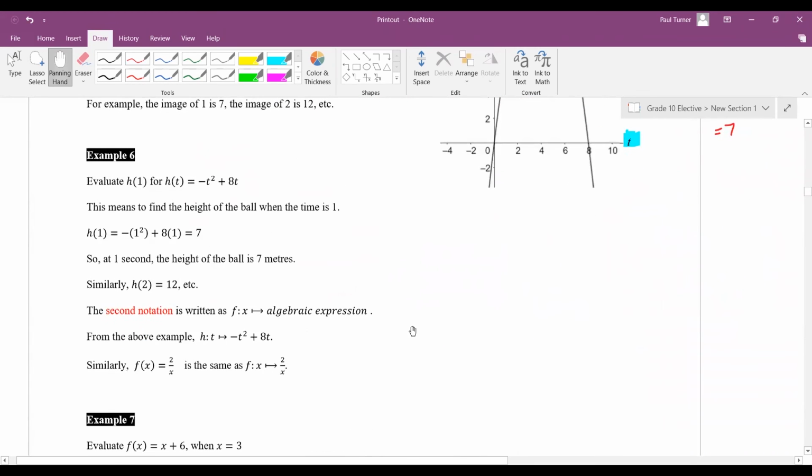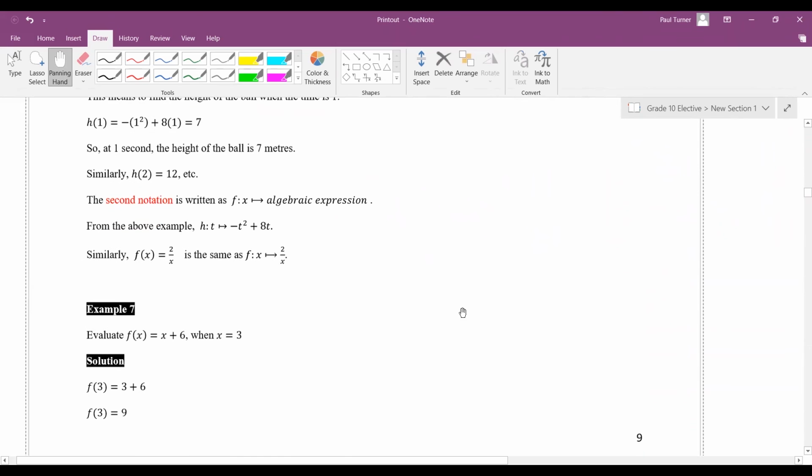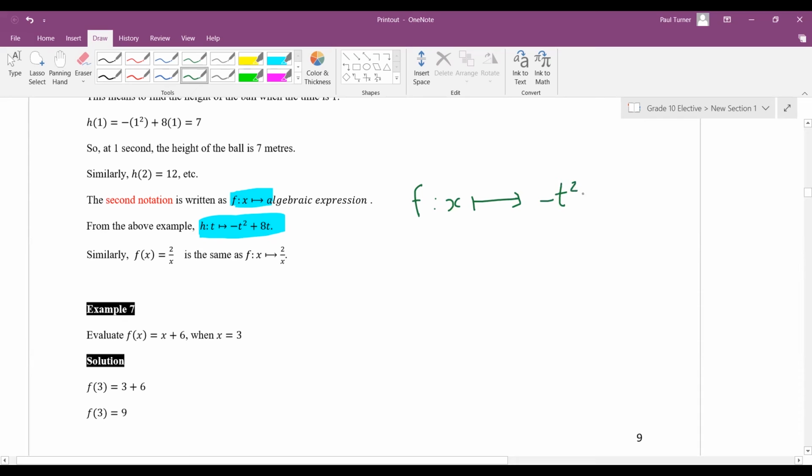Okay, I've talked about that already. The other notation you will see is here. In British books, you'll see this a lot. And it's actually the same thing. So they've got f, x, and an arrow with a head on it. So f: x arrow minus t squared plus 8t. But it's the same thing.